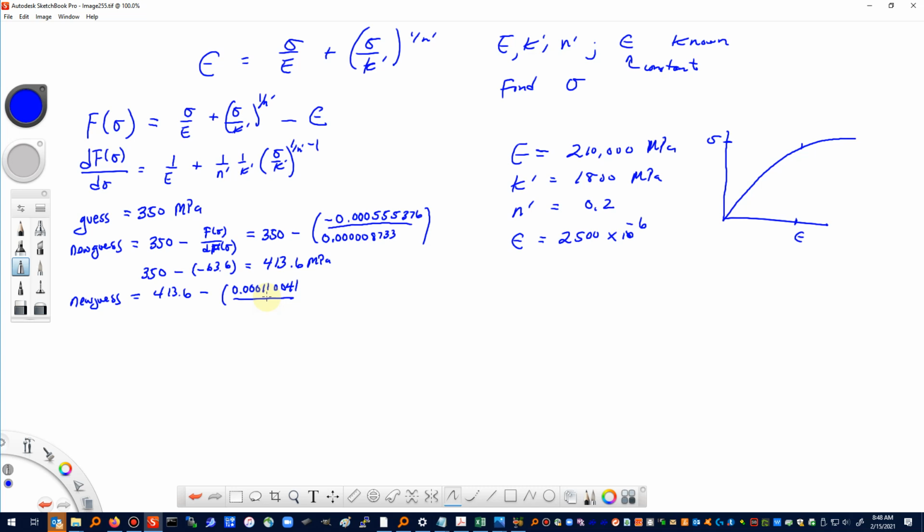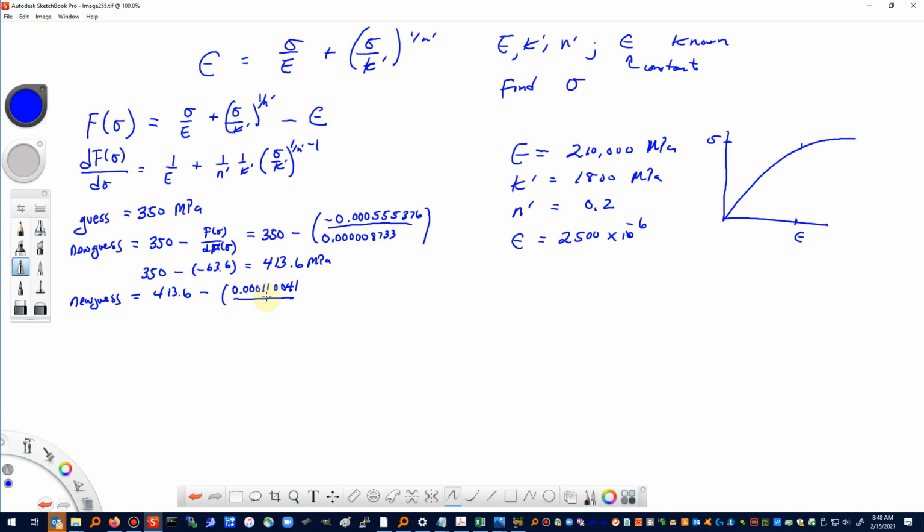And now I need to take my 1 over E for my derivative. My 413.6 divided by 1800 to the fourth power divided by 0.2 divided by 1800.